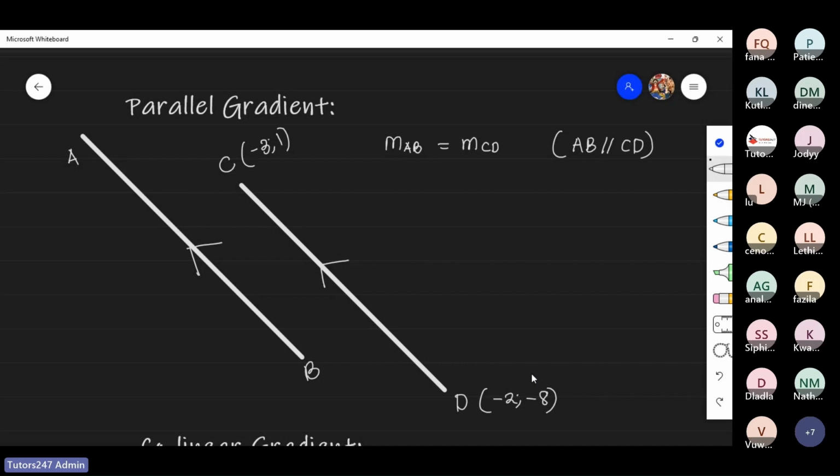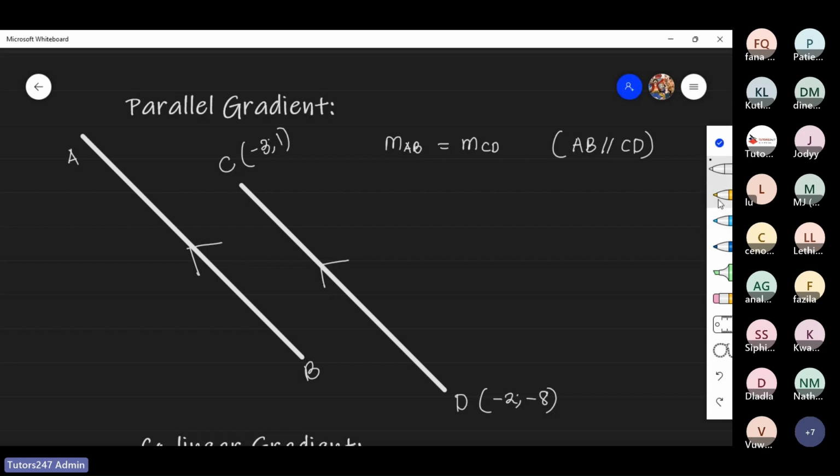Even though we don't have coordinates for the line AB, we are still able to calculate the gradient AB. The reason being is that because line AB is parallel to line CD, we can then calculate the gradient of line CD, and that will then be equal to the gradient of AB.